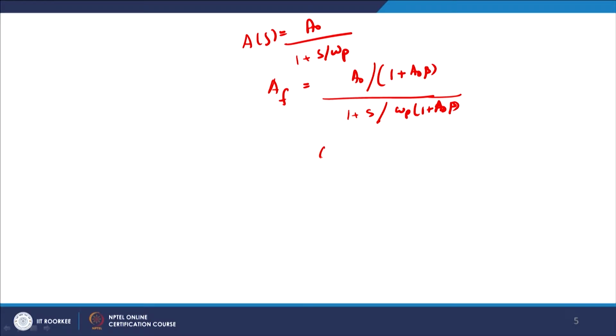Fine. So if you solve it, I get omega p f with feedback equals omega p times (1 plus A beta).